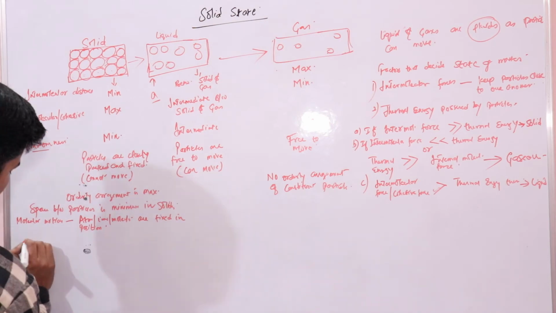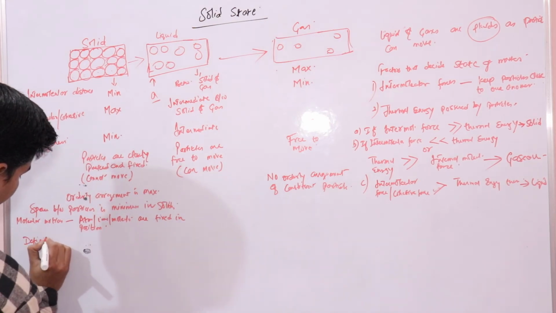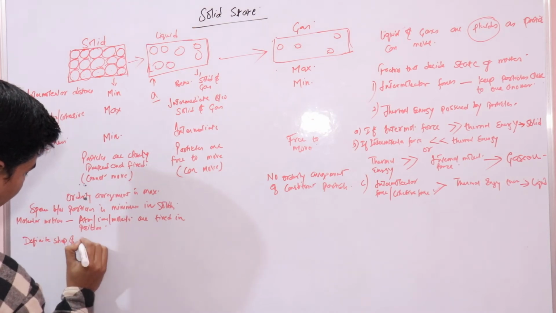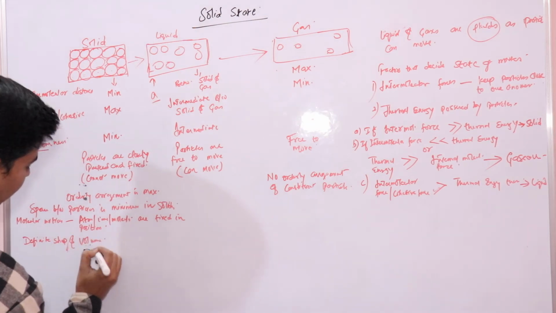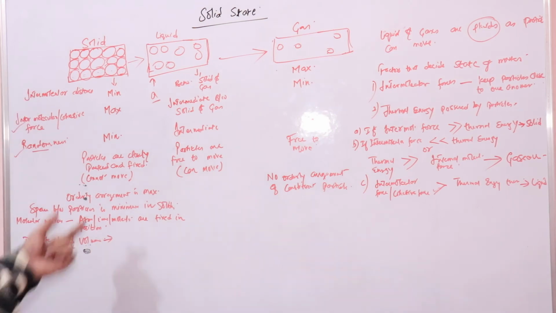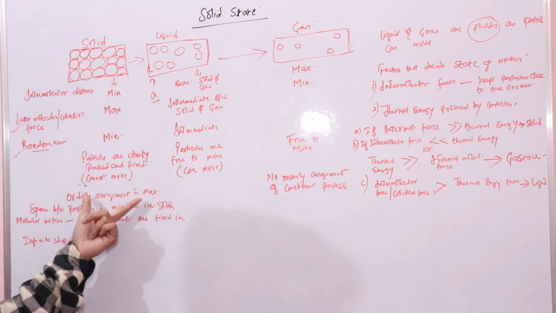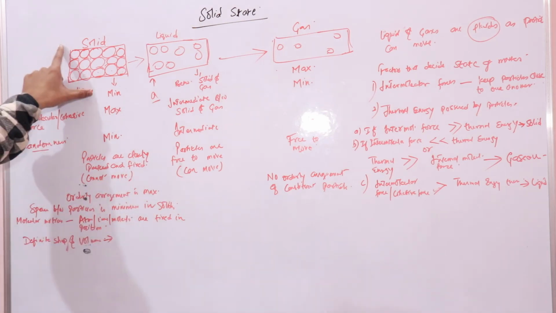We know that solids have definite shape and volume. Why? We said that the orderly arrangement is maximum in case of solids. Orderly arrangement of particles is maximum in solids.